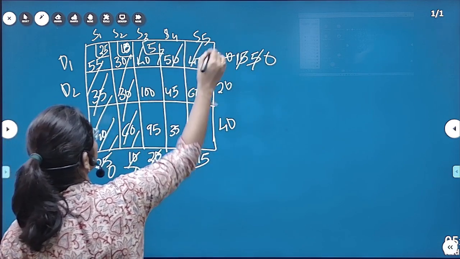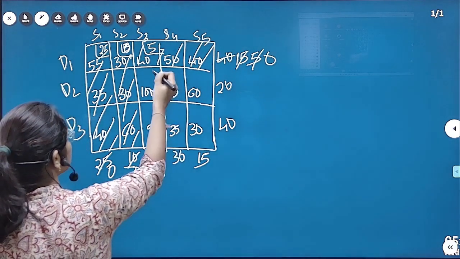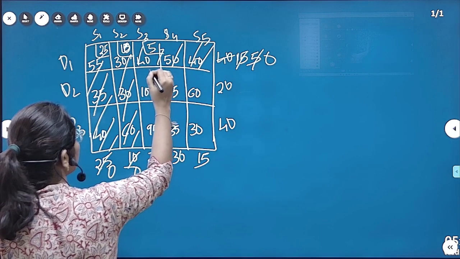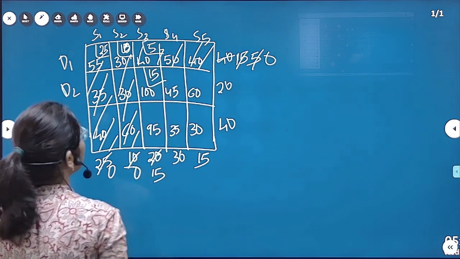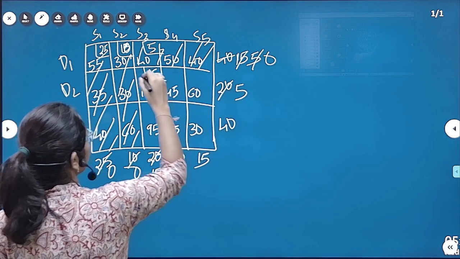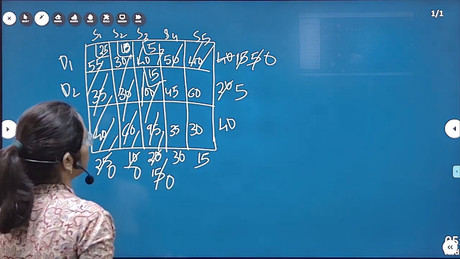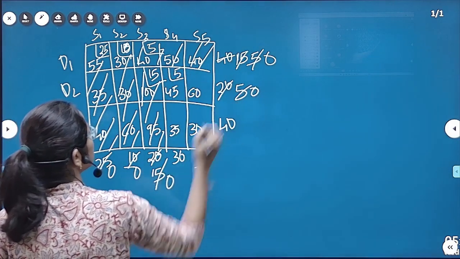So scratch it. Next, there are only 15 units in S3 supply, but the demand is 20, so we take 15 units of supply and make it 0, and here it will be 5. Scratch it. Next, here 5, so make it 0.